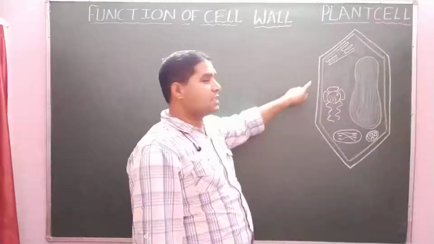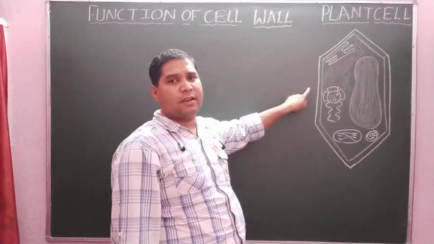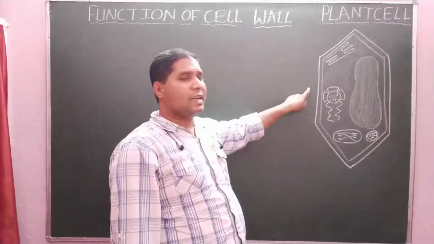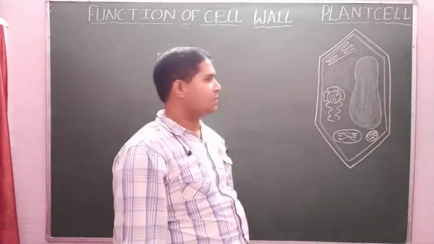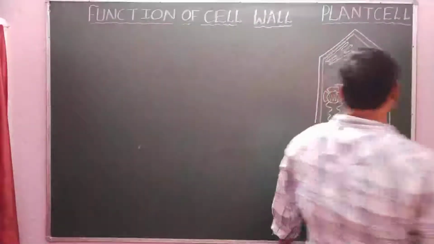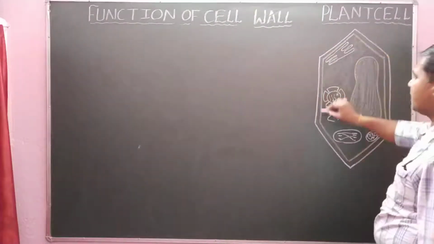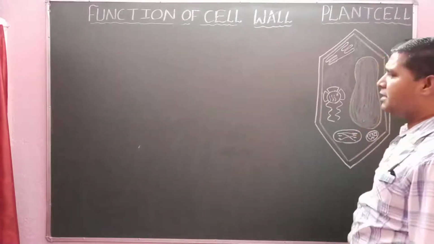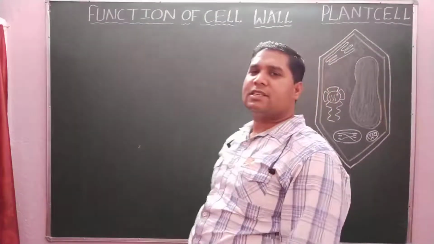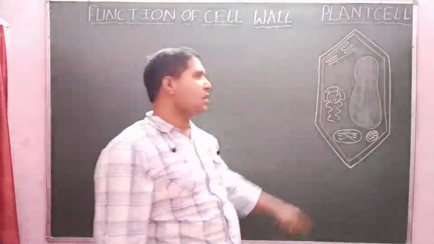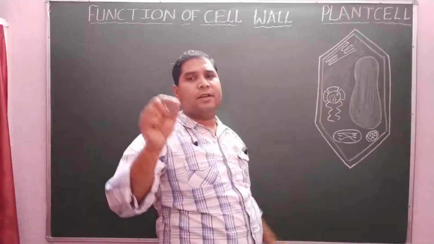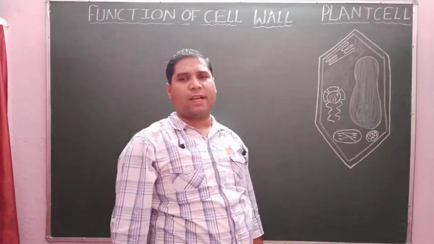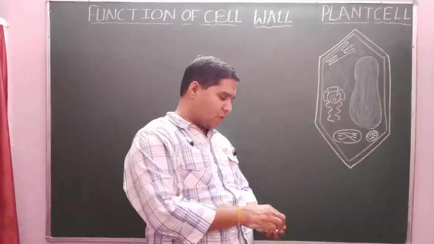Dear student, this is the diagram of the plant cell, and a plant cell is generally polygonal in shape. You see here, the plant cell is externally covered by a double membrane. The outer membrane is known as the cell wall, which is made up of a complex carbohydrate known as cellulose.